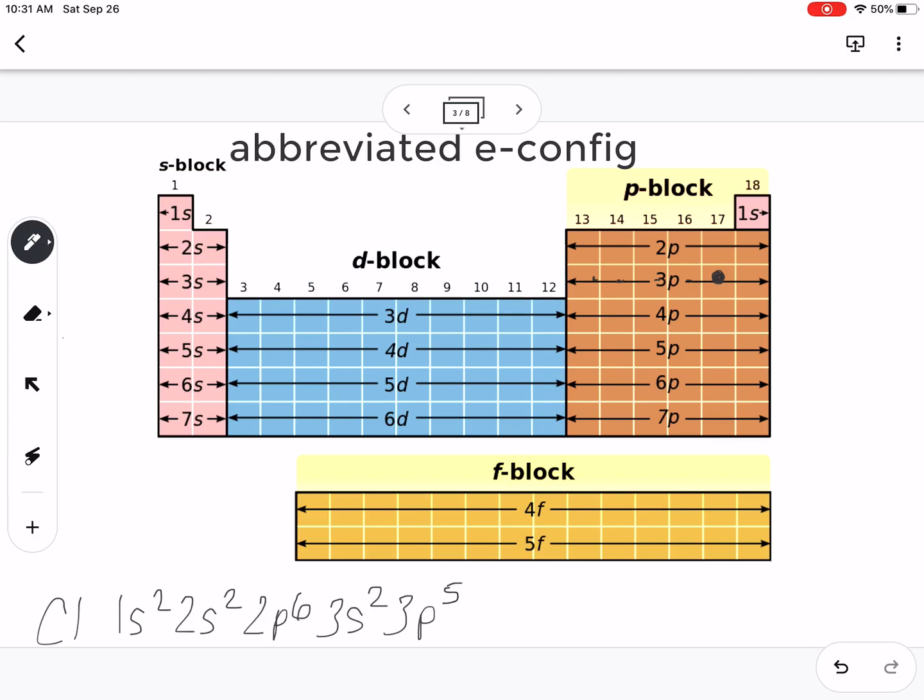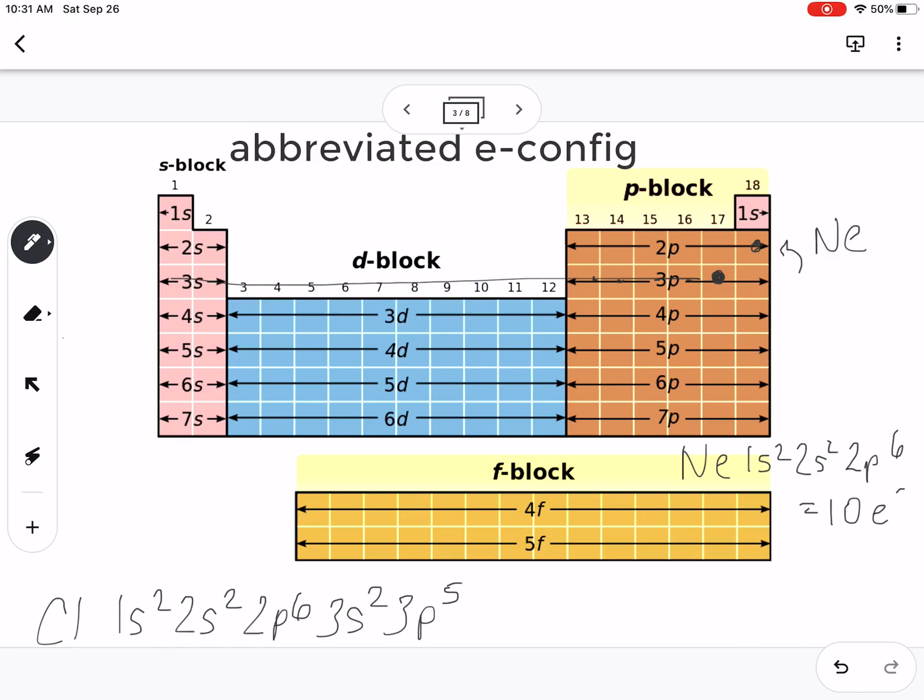So now I'm going to go back to the last noble gas, and I get this guy. Who's that? That's neon. Okay. Neon is 1s2, 2s2, 2p6 for 10 total electrons.